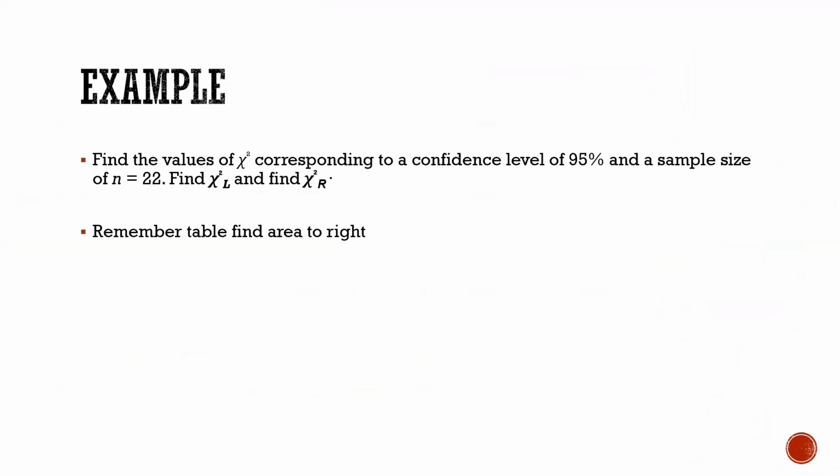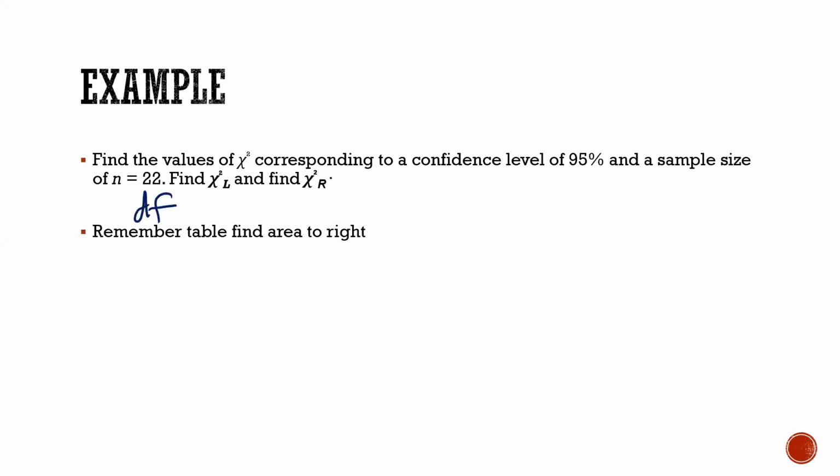All right. So we're going to find XL, or chi squared L and chi squared R, for a particular confidence level and a particular sample size. So the easy thing is I want to translate that sample size to the degrees of freedom, right?